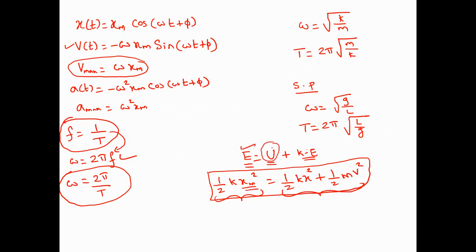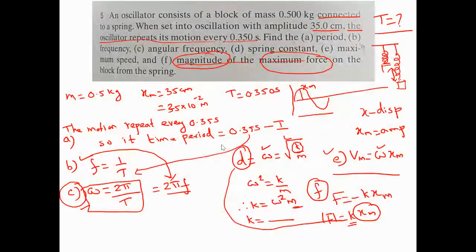My potential energy depends upon how much it is displaced. My kinetic energy depends on the speed. So my energy formula is half k xm square. My potential energy formula is half k x square. My kinetic energy is equal to half mv square. So I can directly use this formula for finding the answer of k. Clear? Clear, doctor. Okay.